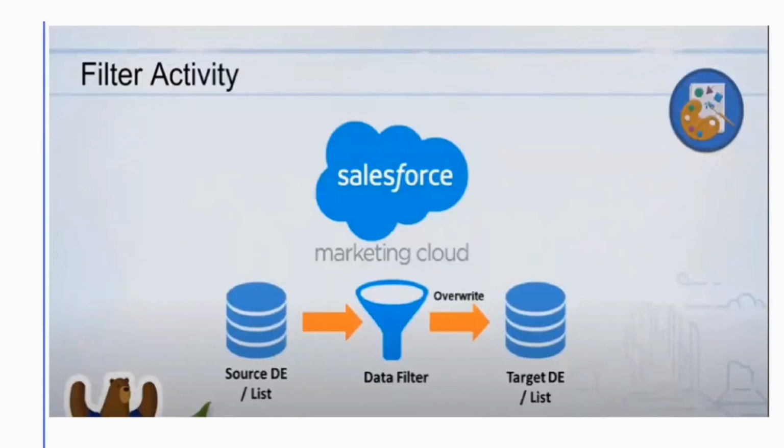It will pull only that data which satisfies a particular criteria and put it into a target data extension, which is a filter data extension. This activity will help you automate the process of filtering the data at certain intervals. The intervals depend on the properties of the scheduled automation.